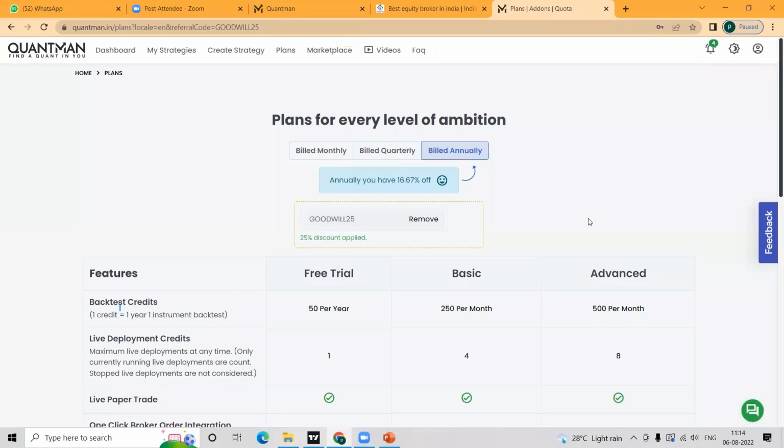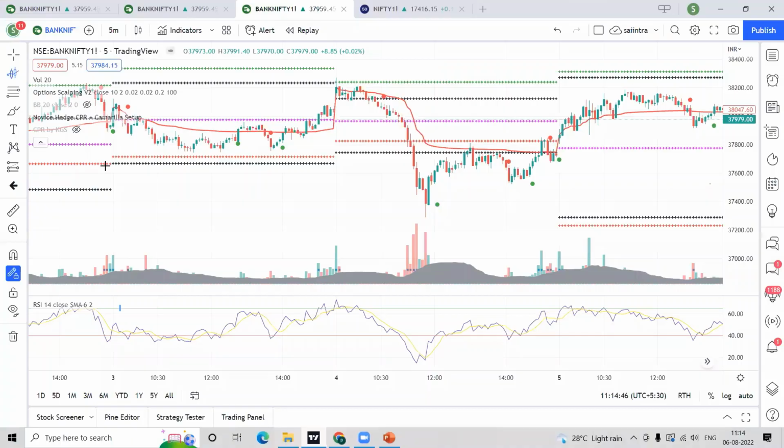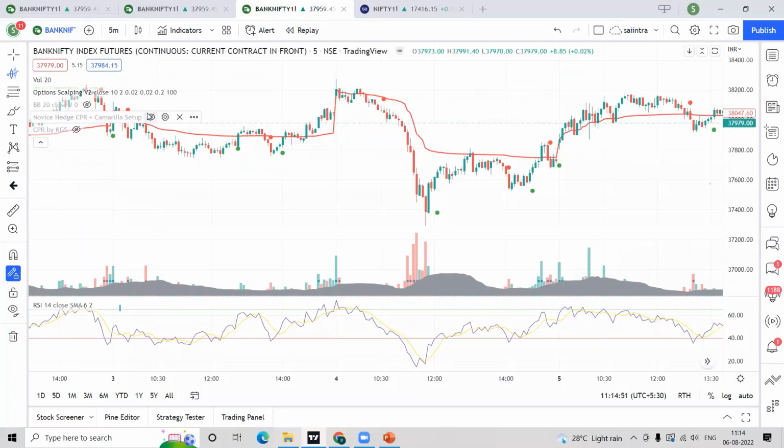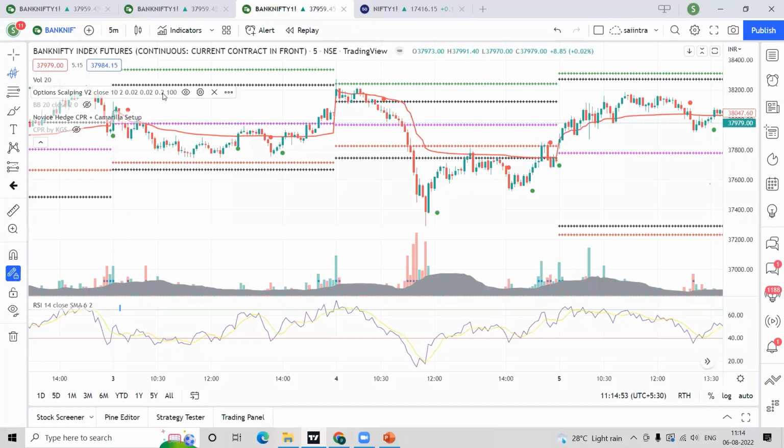Selling, options buying, buyer and seller, both good. Buy both.